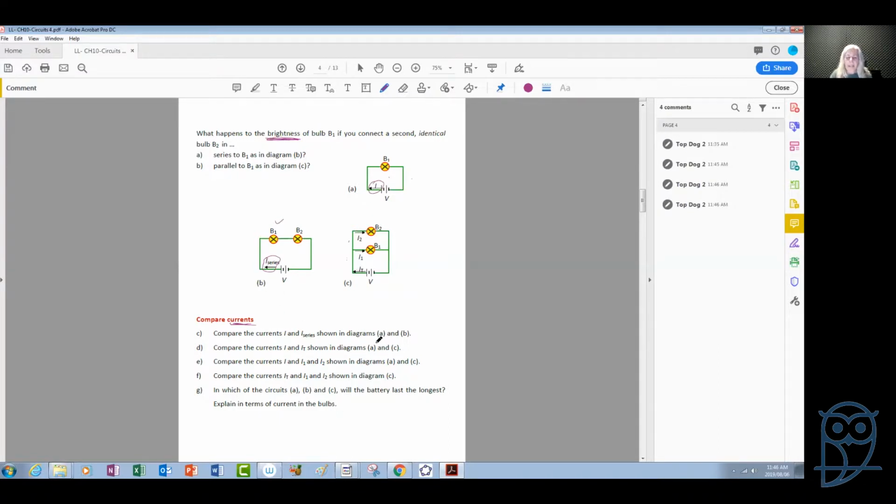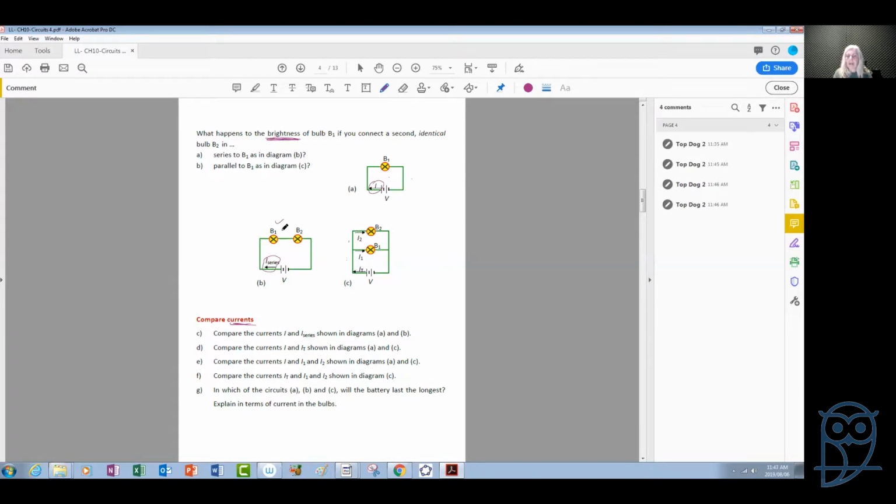What can we say? We saw that when we connect a second bulb in series, when we have two bulbs connected in series, the brightness drops quite drastically from the brightness of the single bulb alone connected to the battery. Just the brightness alone tells us that the current must be less.